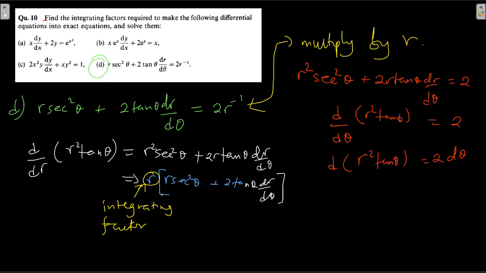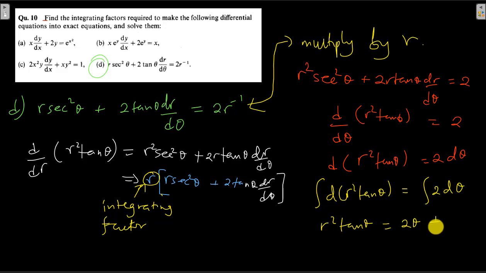If we take integrals on both sides, the integral of d of r squared tan theta equals the integral of 2 d theta. What's that going to be? r squared tan theta equals 2 theta plus a constant, an arbitrary constant k. So there we go. That's the general solution to our differential equation.